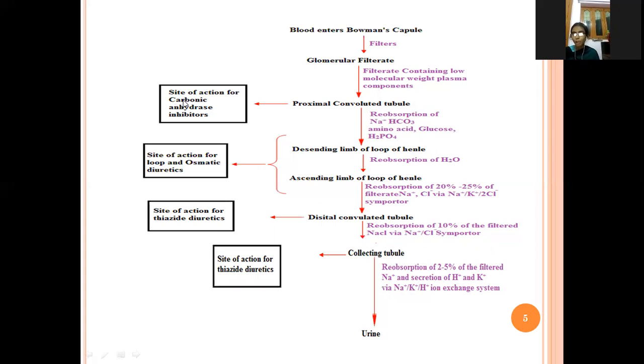These carbonic anhydrase inhibitor drugs stop or inhibit the reabsorption of sodium and carbonic acid.